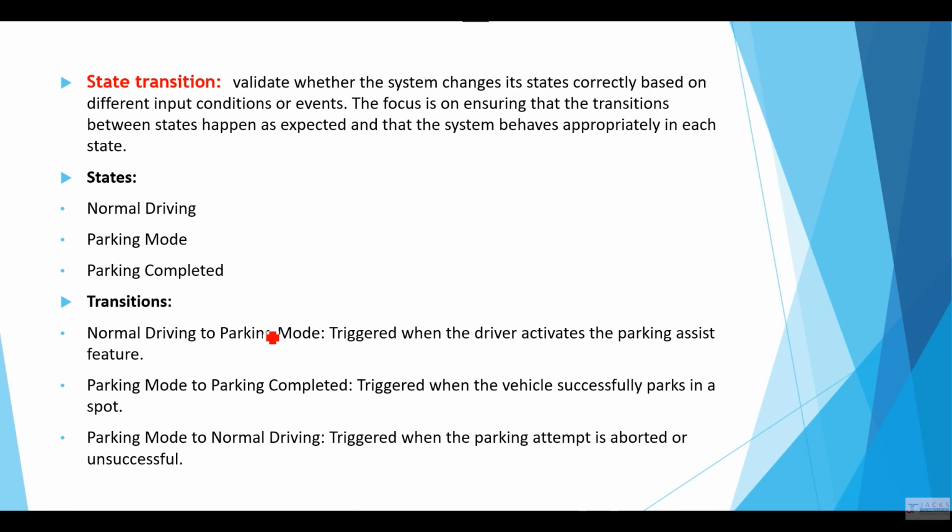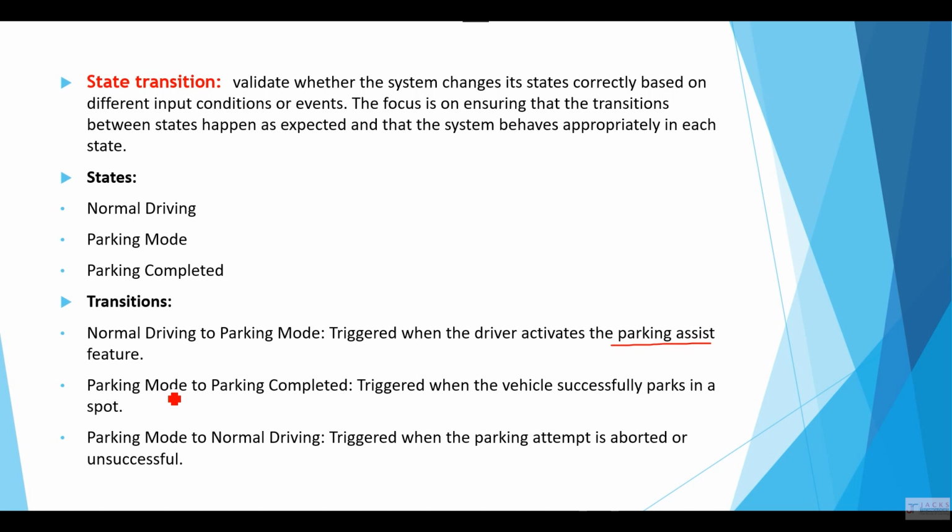Here you need to validate based on the input. The input is activating the parking assist feature. If your vehicle receives this input, its state should change from normal driving to parking mode. You need to check whether this transition happens successfully. That is called the state transition testing technique.